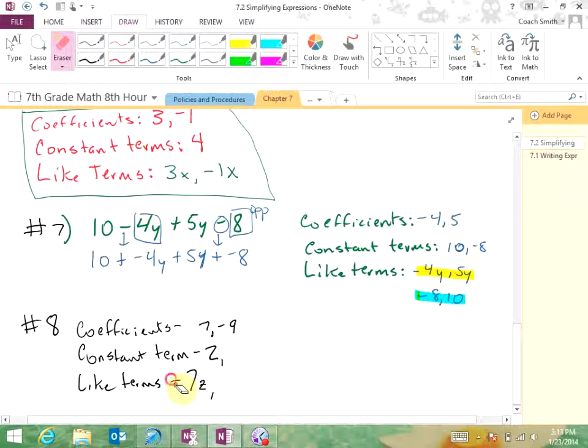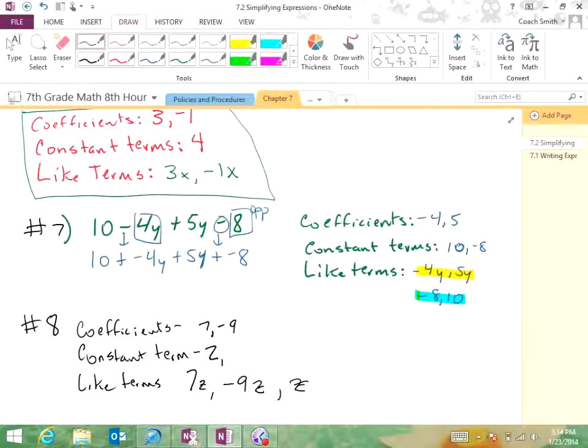I'm going to erase that because that looks like a negative. Negative 9z and z. And we call that 1z because there's a 1 in front of it. You don't have to put the 1, but you just need to know that it's there.